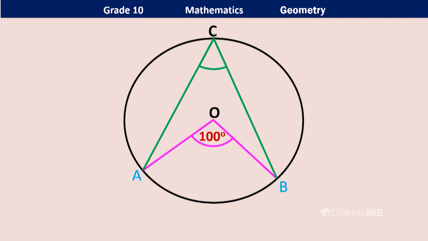Right. According to the theorem we have learned, the magnitude of the angle subtended by the same arc at the remaining part of the circle should be half of the angle subtended by the arc at the center of the circle. Therefore, this should be half of 100 degrees. That means it is 50 degrees. Right.